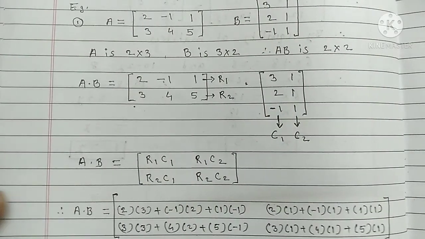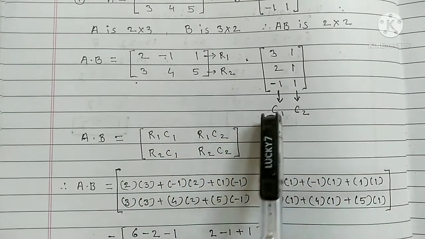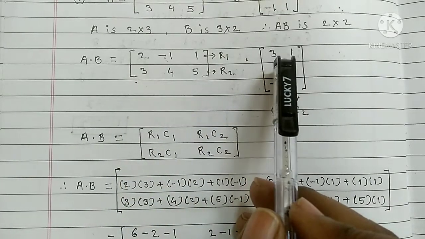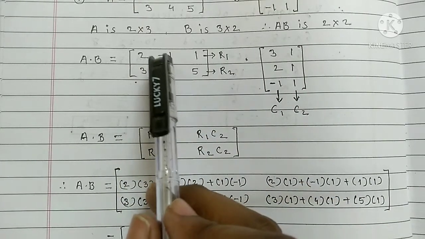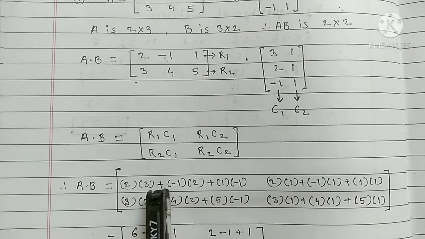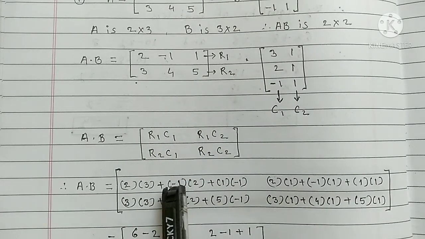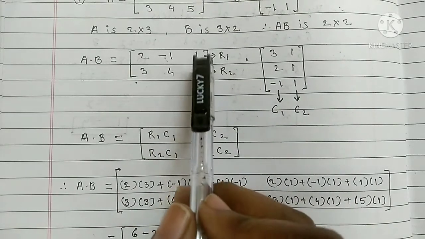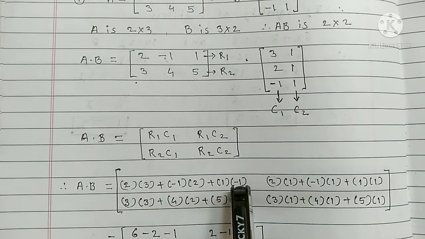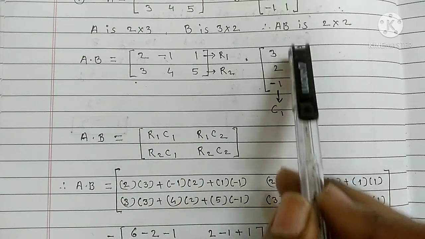So now we will multiply. So first row first column, here first element of first row is 2 and first element of first column is 3. So 2 into 3, then plus sign, then minus 1 into 2, plus 1 into minus 1. Then next is first row and second column.